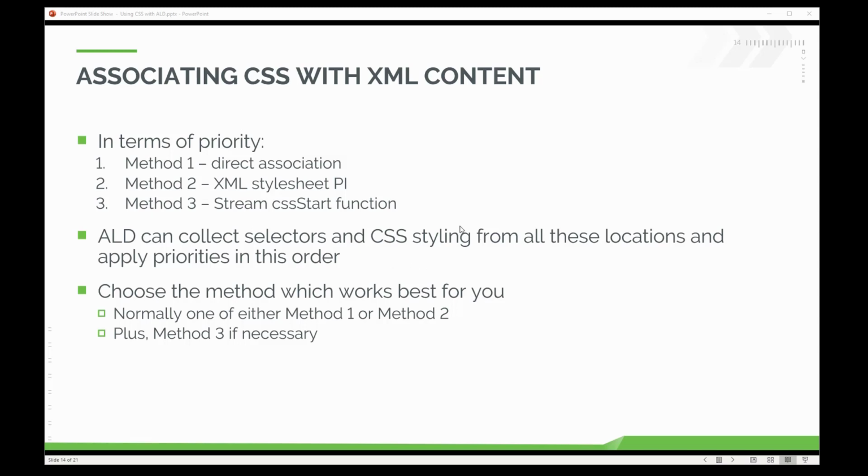You can create multi-layered style sheets and apply styling from a number of different places at the same time. I guess that's kind of the nature of CSS in the first place. My advice is choose a method which works best for you. Normally it would be either method 1 or 2, so either using the style sheet PI or the direct association, and then if you really need to, use method 3, the CSS start function, to add some extra bits on top.